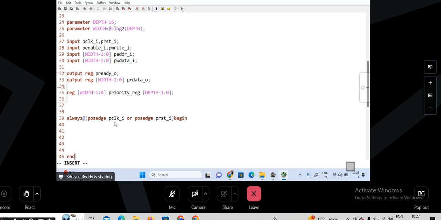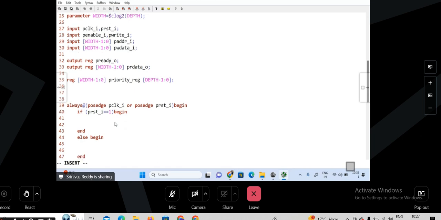What I want to do here? Priority register of P address is equal to PW data. Did you understand? Else, what I can do?